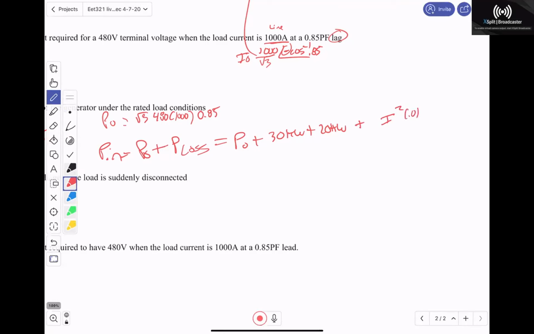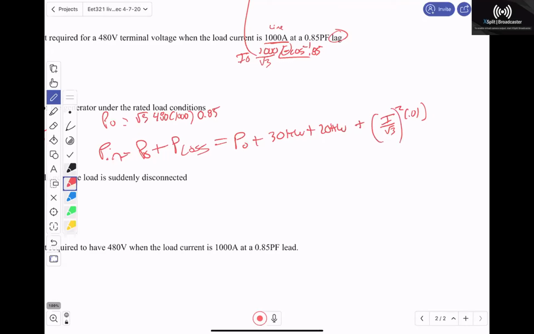Is this value the 1,000 amps or 1,000 amps divided by square root of 3? Because you have the current going through that 0.01 ohm equivalent armature resistance, it's going to be the current actually through each phase. So it's going to be the 1,000 amps divided by square root of 3, and I square that entire term.